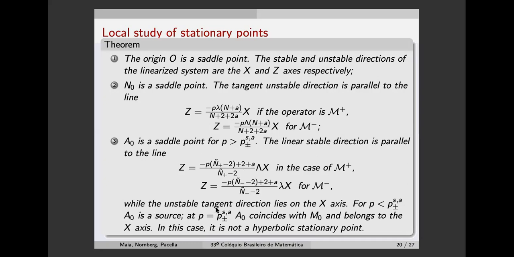While the unstable tangent direction lies in the x-axis. Therefore, at the x-axis, the orbits exit A0.